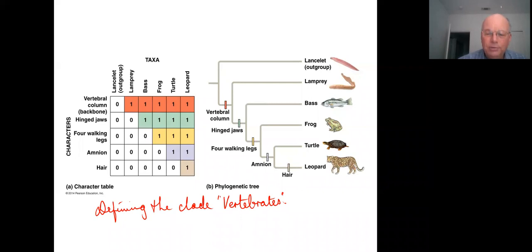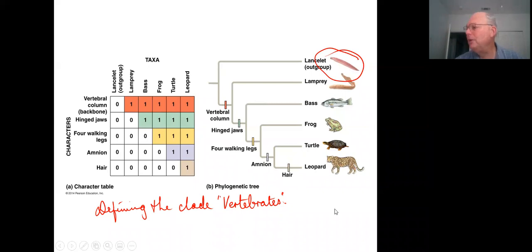One of those 2 invertebrate groups is called Cephalochordata, and the common name for the individuals that lie within Cephalochordata is lancelet. So here you can see a lancelet.